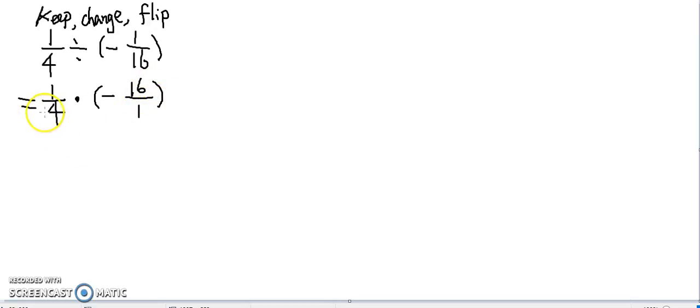So now we end up with a multiplication of two fractions. So now we need to know how to multiply two fractions. And the rule is multiply straight across. So this is the rule for multiplication.